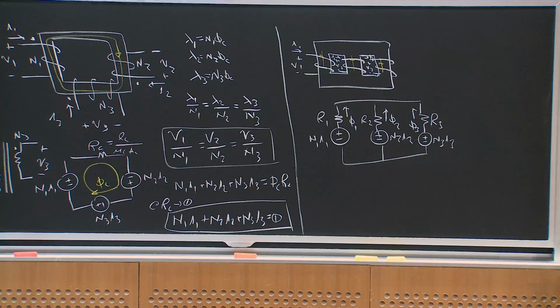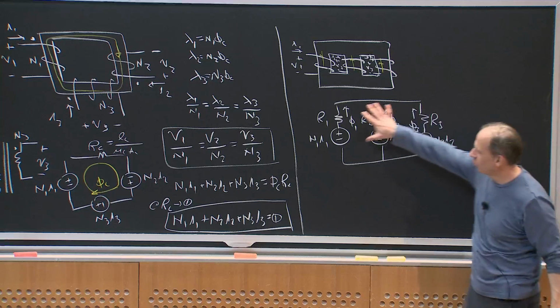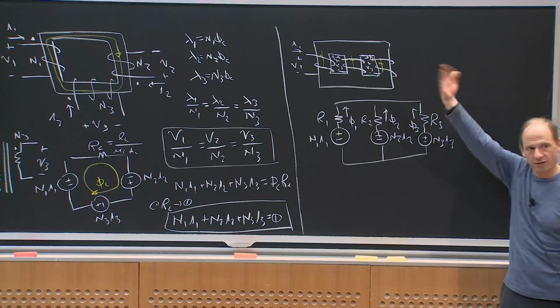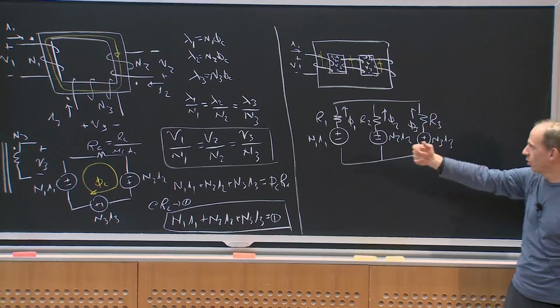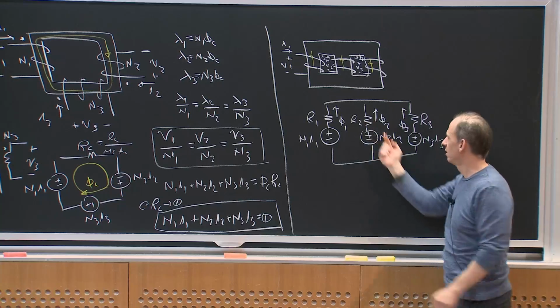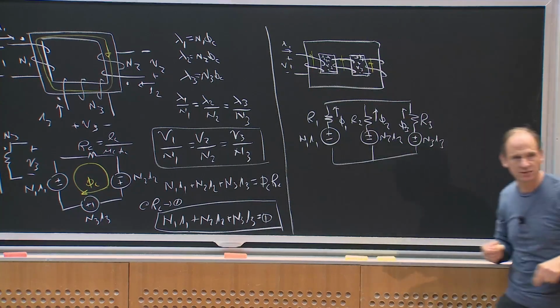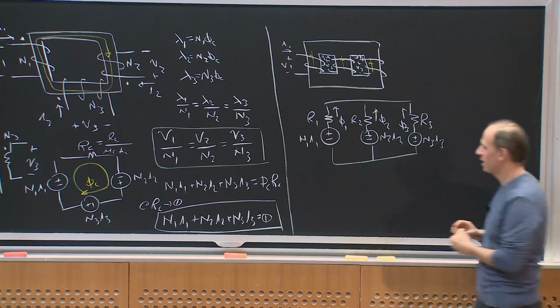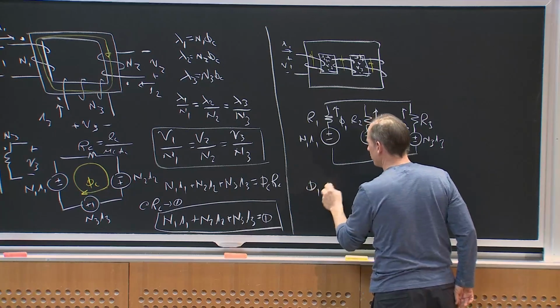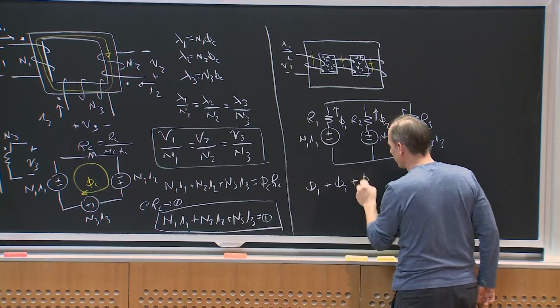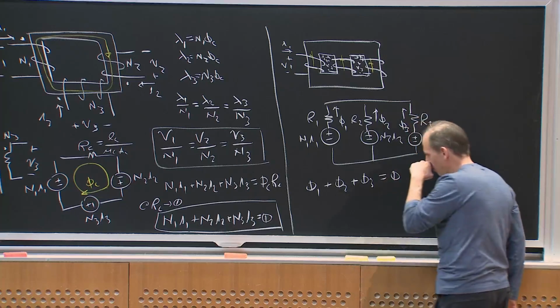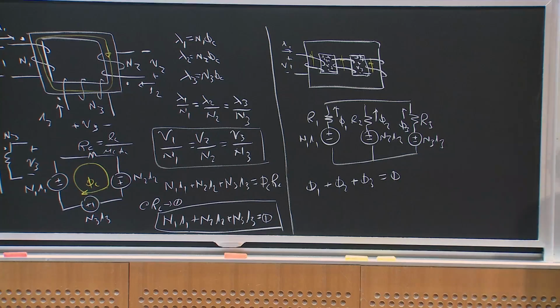What would be the terminal relations of this? Well, in this case, if I ignore leakage flux, what do I know about these 3 fluxes? All these 3 fluxes come up into this top node, and the fluxes must add to 0, right? So phi 1 plus phi 2 plus phi 3 has to equal 0 by magnetic KCL, right? There's no magnetic charge.